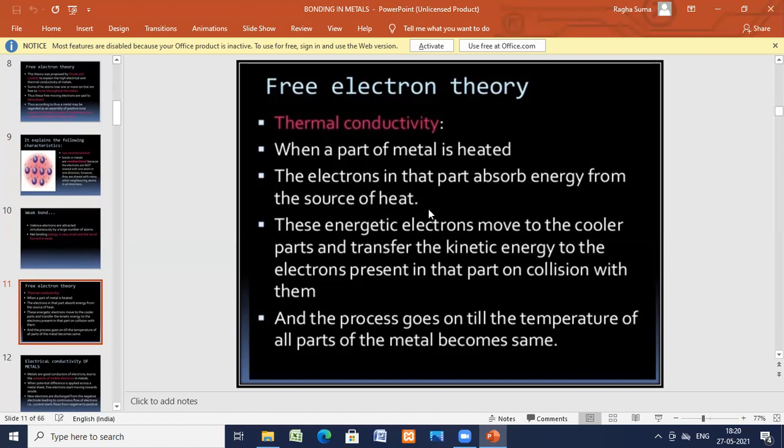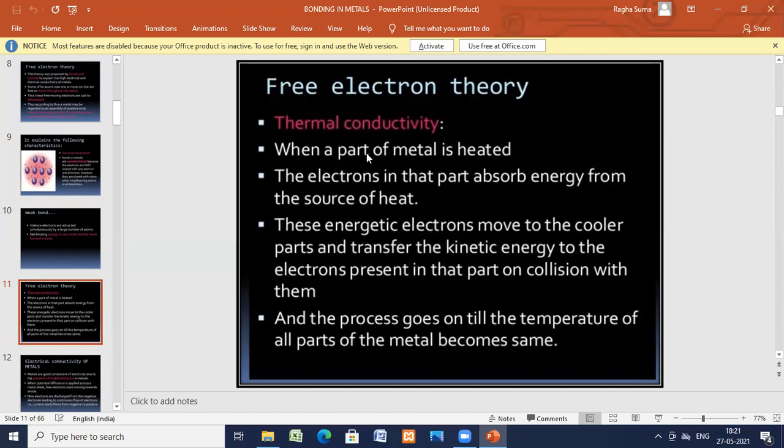Of several theories, this theory is the best, as it could satisfy some of the properties of metals.